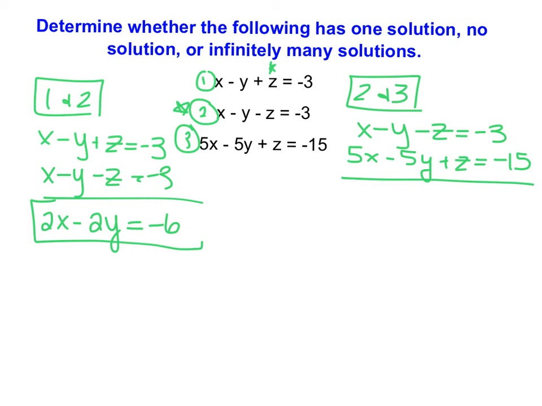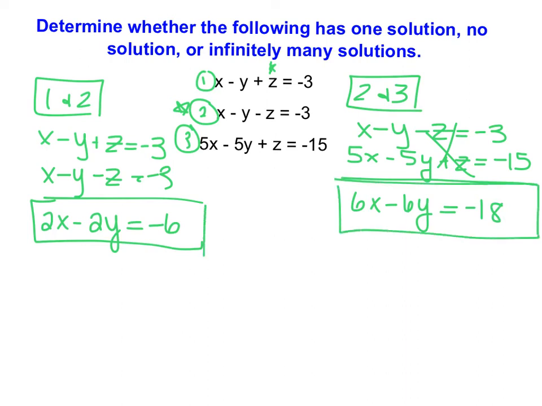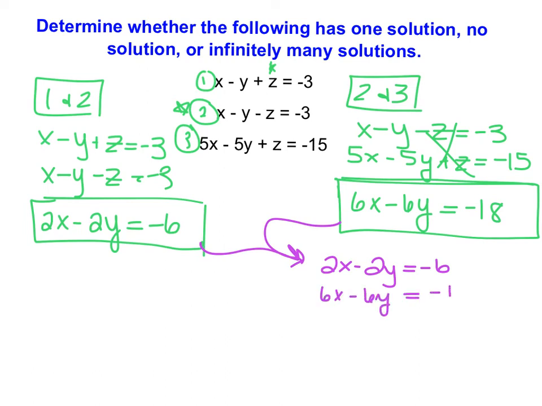Again, I add straight down to eliminate, so I end up with 6x minus 6y, the z's cancel, and it equals negative 18. So I now have two equations with two variables, and I can combine those together: 2x minus 2y is equal to negative 6, and 6x minus 6y is equal to negative 18.